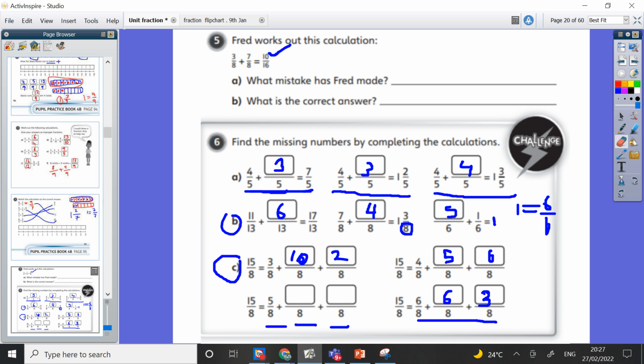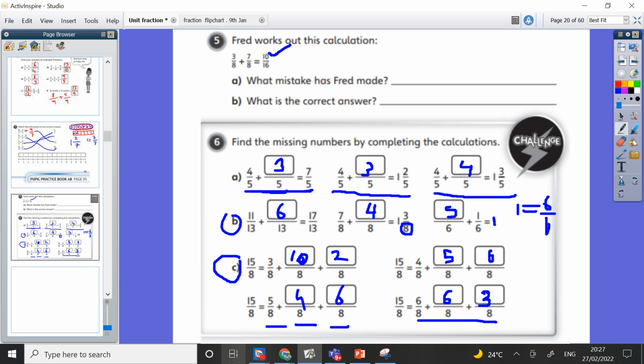Or I can make 7 here, which is 7 plus 5 is 12, and I can make 3 here. I can make even different ones, like 4 here. 4 plus 5 is 9, and 9 plus 6 is 15. So I can make any of these arrangements with the numbers to make the answer 15 over 8. That's the end. Thank you.